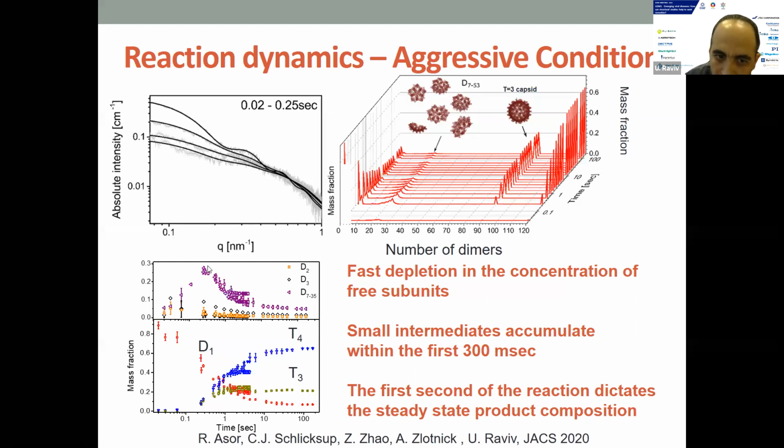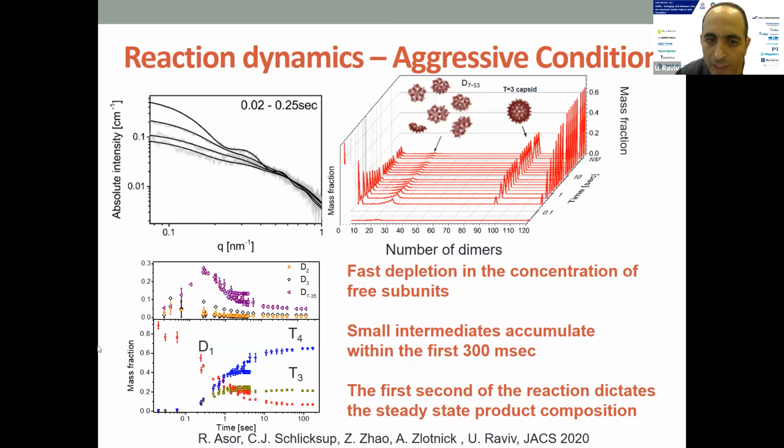This is the mass fraction of those intermediates. And the dimer immediately starts to decrease in the first second. The particles form immediately. Within the first 300 milliseconds of the assembly, the pathway for assembly is already determined, and the whole thing is happening really fast.